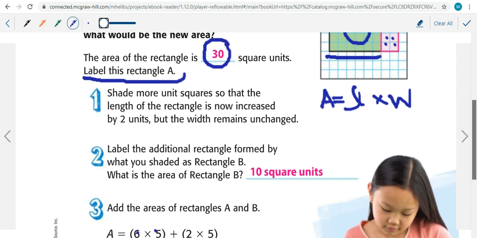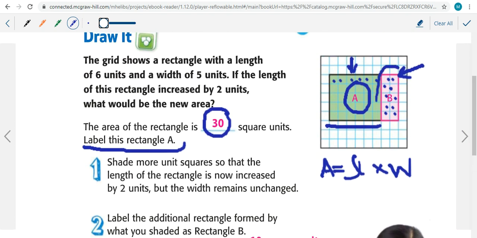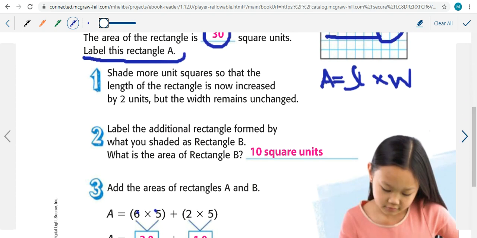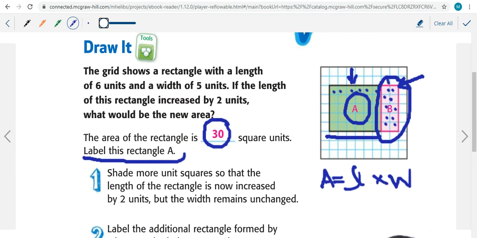Now, to find the area of only rectangle B of this part, we are going to multiply the same. 2 times 5, area is equal to length times width. Where do we get 2 times 5? Well, we have two columns times 2 times 5.